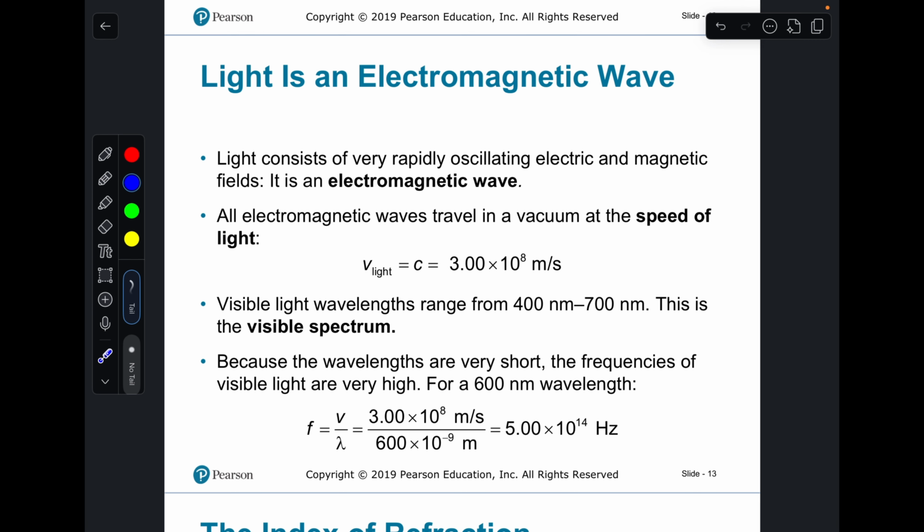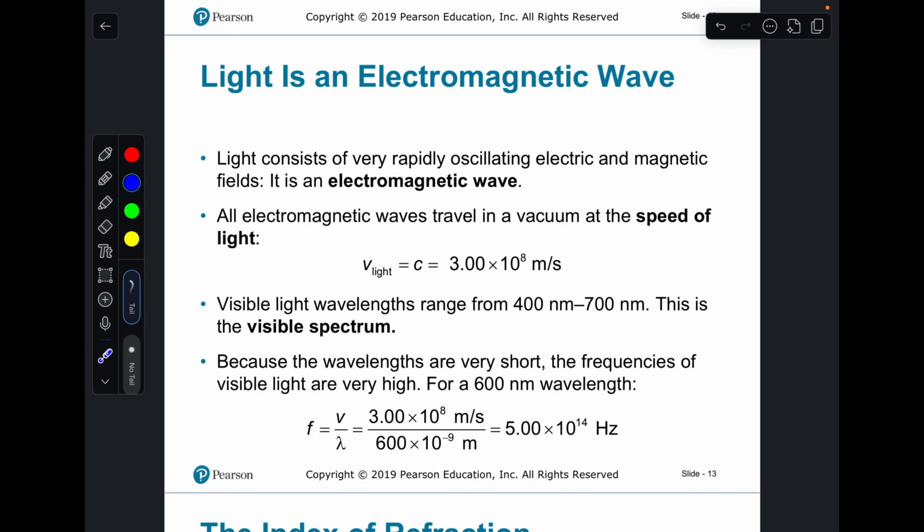But we're going to just restrict our conversation to the visible spectrum simply because our eyes would not be able to see these effects occurring if we were to use any other kind of wavelength, right? Our eyes are only able to view and interpret visibility through this wavelength range.